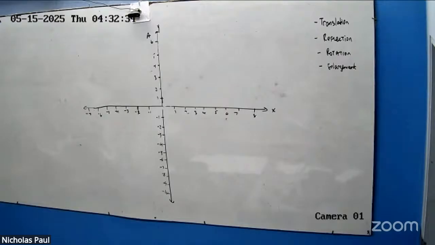Within 4, start from 0, and we draw the axes nicely. Within 4 again, and we're doing one rotation. Just one.